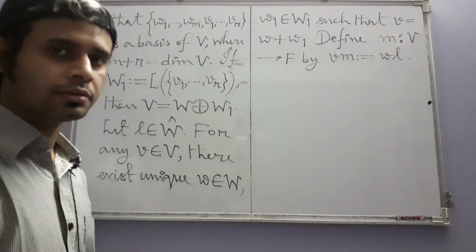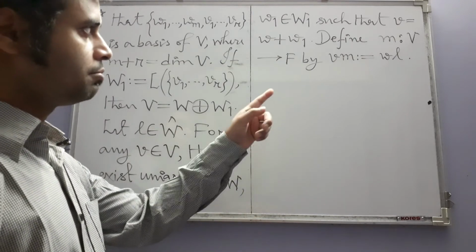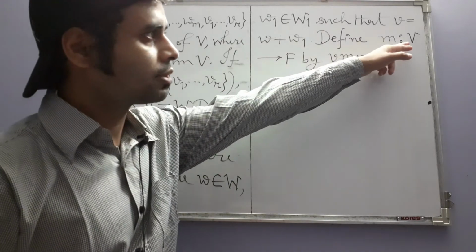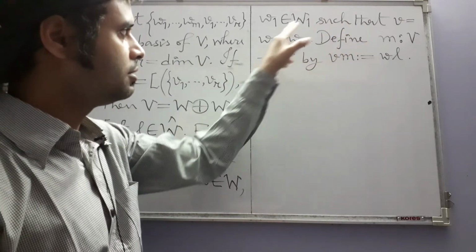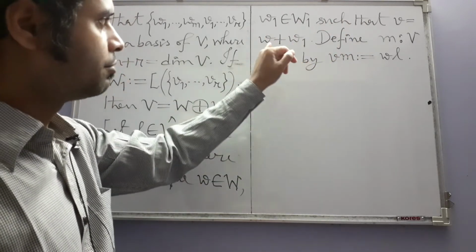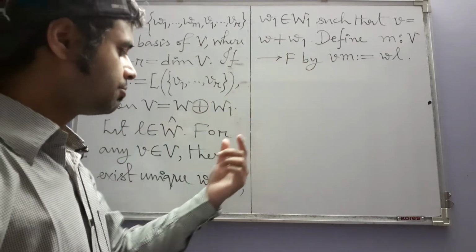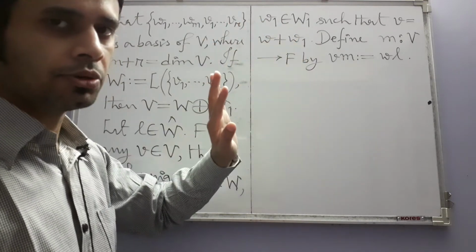Does it make sense? You see, M is a function from V into F. So the input is going to come from V. So that input is, say, v. But that v is uniquely expressible like this. For a given v, there will be exactly one w in W and one w1 in W1 such that v is equal to w plus w1.